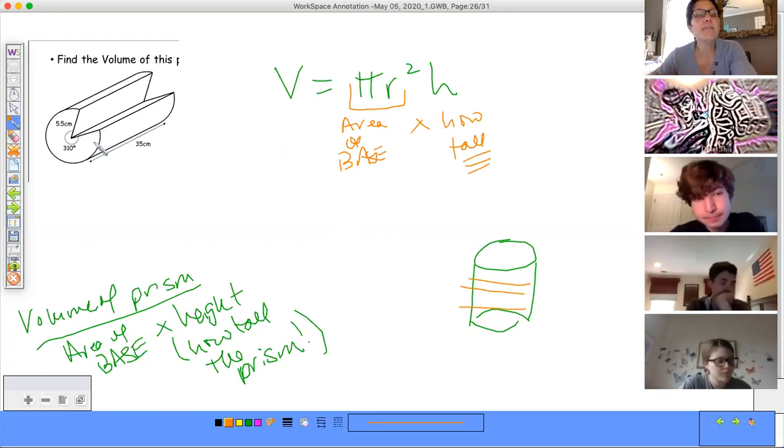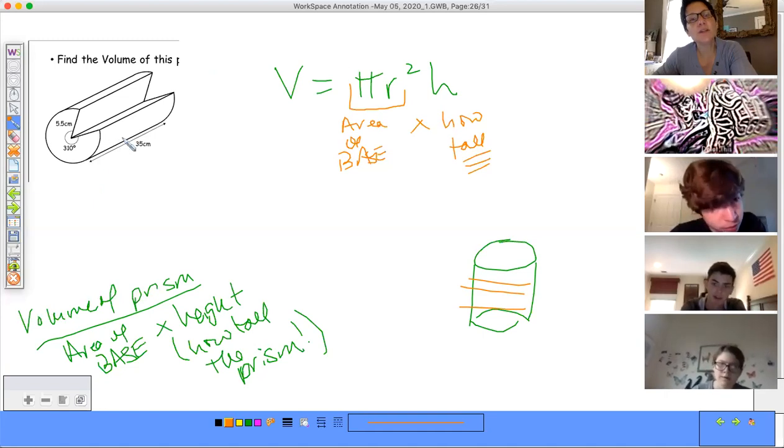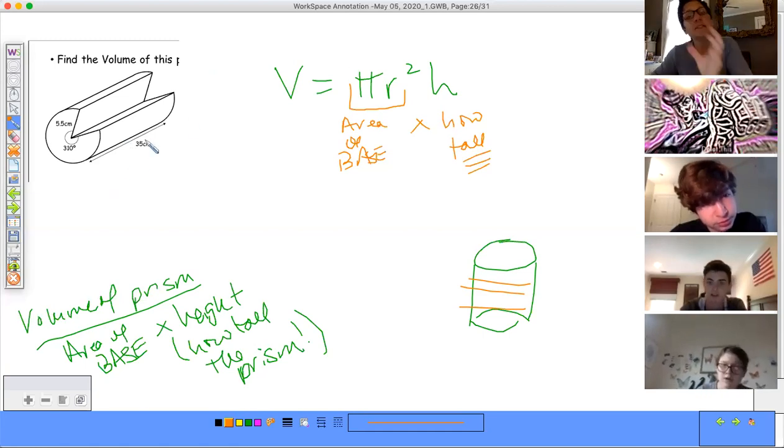But anyway, if I said to you guys, can you get me the volume of the whole cylinder? How tall is this cylinder, guys? 35 centimeters. Very good. 35, because if you were to stand it upright on one of its faces, it's going to look like this, right?